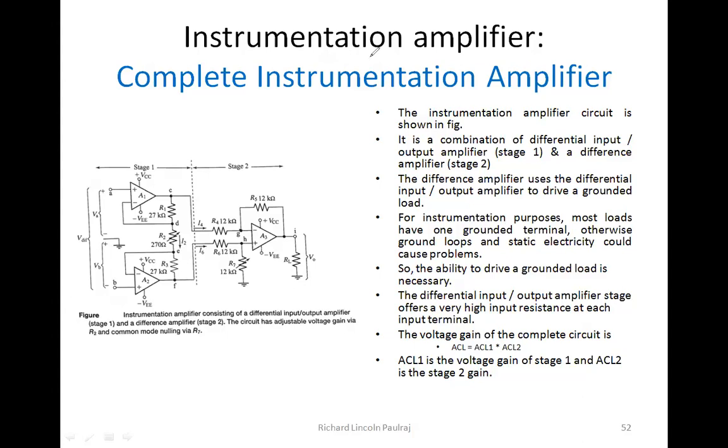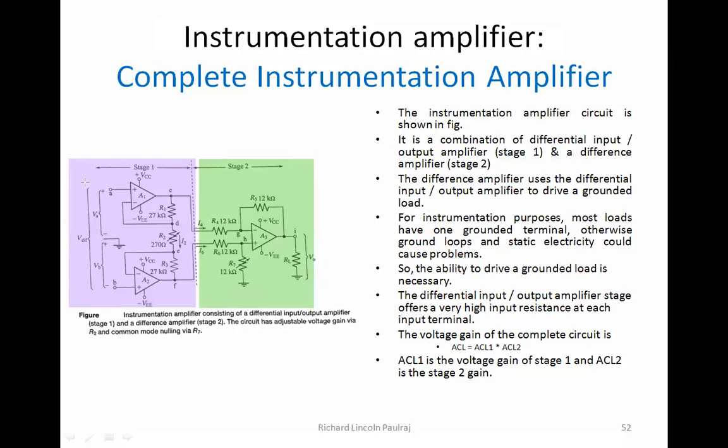And stage 2 is going to be the simple difference amplifier. So we have 2 different stages here, both connected back to back. So the instrumentation amplifier is as shown here. Together it's called an instrumentation amplifier.